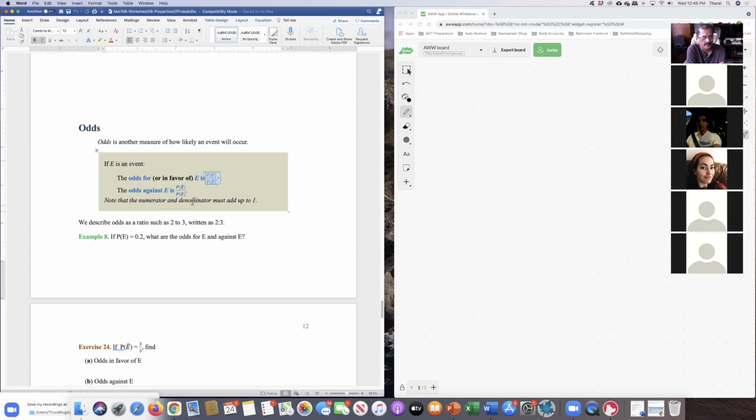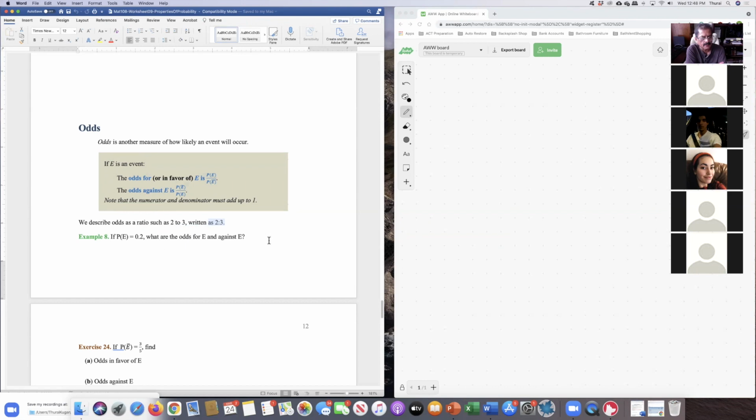If you have one, the other is just the reciprocal. But we don't write them as fractions, we write them as ratios. So if the probability of E over the probability of E bar comes out to be 2/3, then we say the odds in favor of E is 2-3. We write 2-3 and we read it exactly that, 2-3.